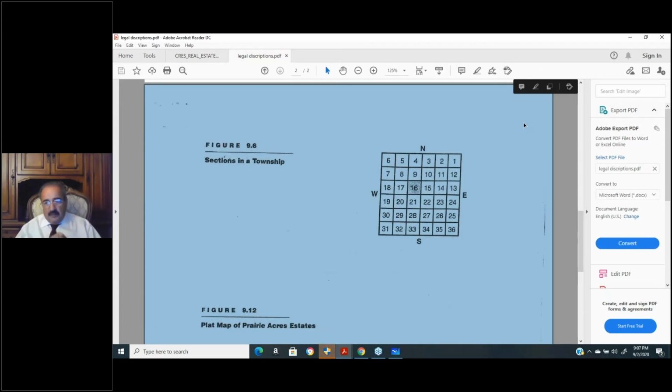What section number is west of section number 27? I'm only asking for one section number, not all of them. What section number is due west of section number 27? The answer is 28.